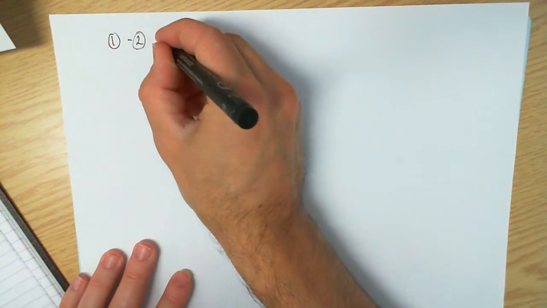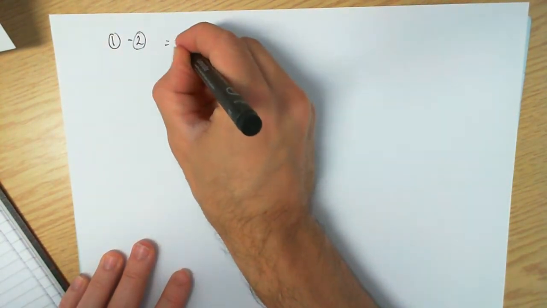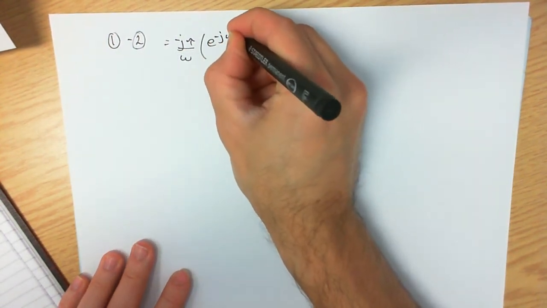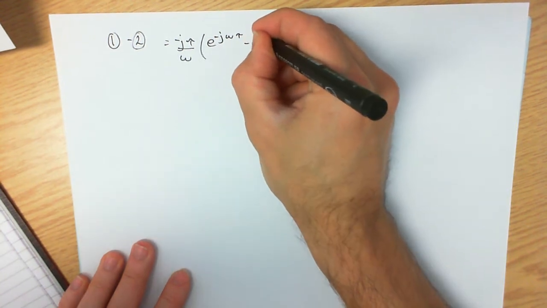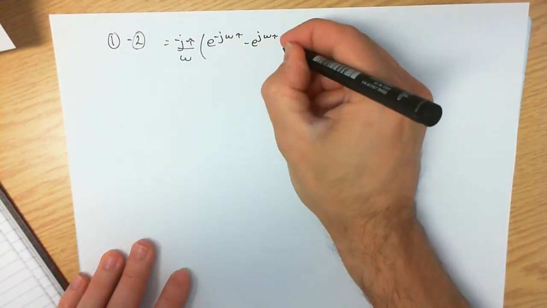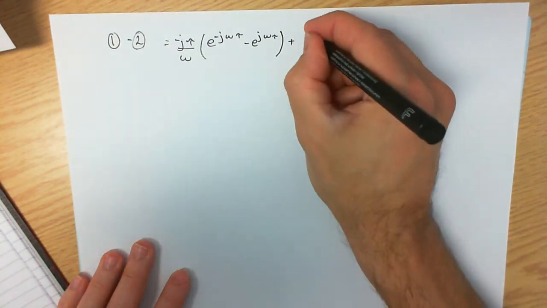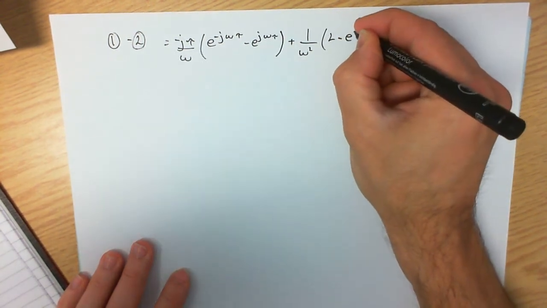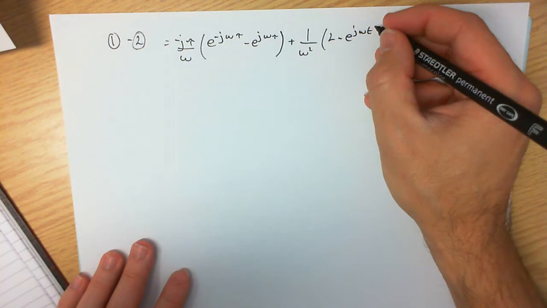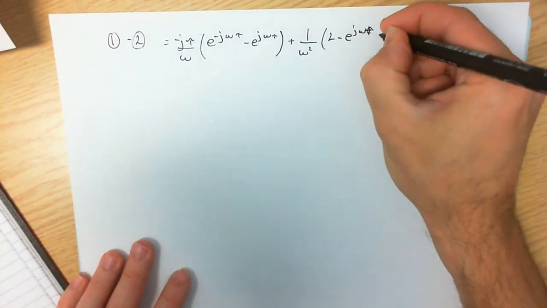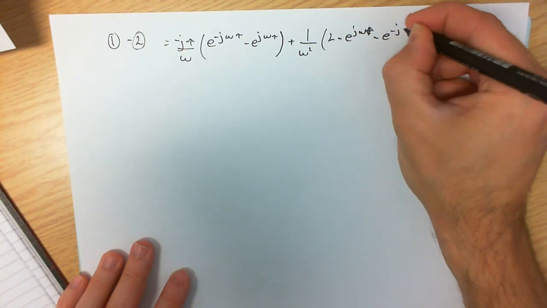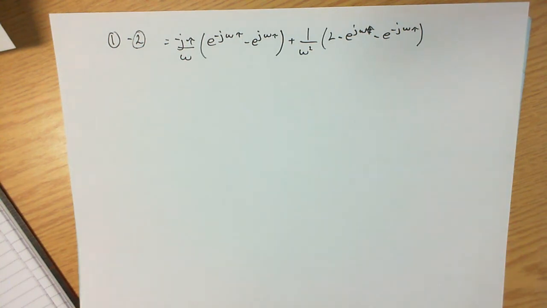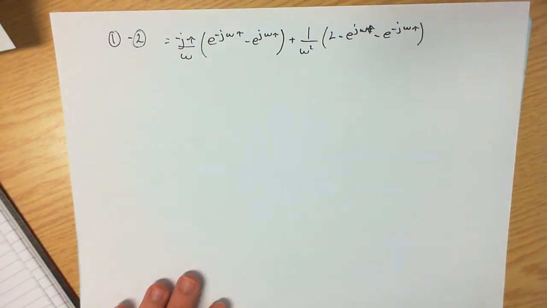If we do that, we get minus j tau over omega into e to the minus j omega tau minus e to the j omega tau, plus 1 over omega squared into 2 minus e to the j omega tau, sorry, that should be tau, minus e to the minus j omega tau. So that's what you get if you subtract the 2.